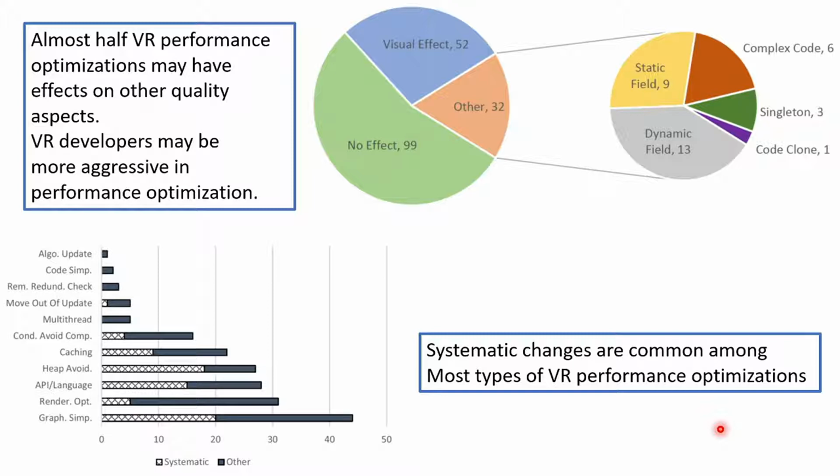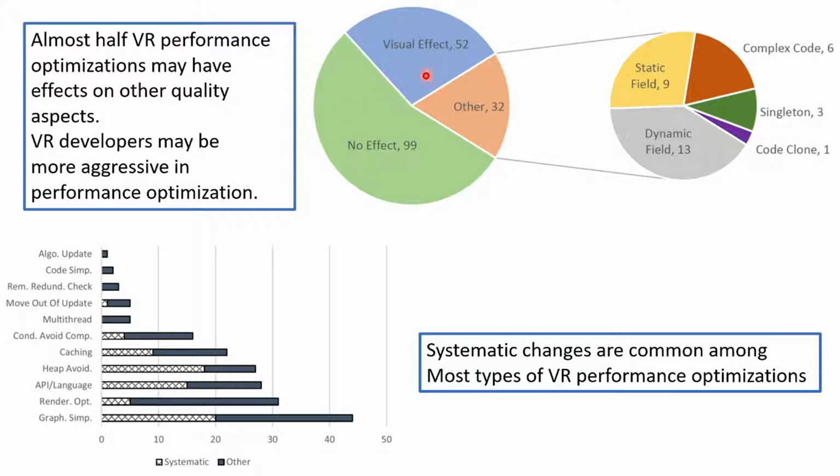To answer question number 4, we checked whether these VR performance optimizations are affecting other quality aspects of software, and we found that there are 2 major effects on other software quality.